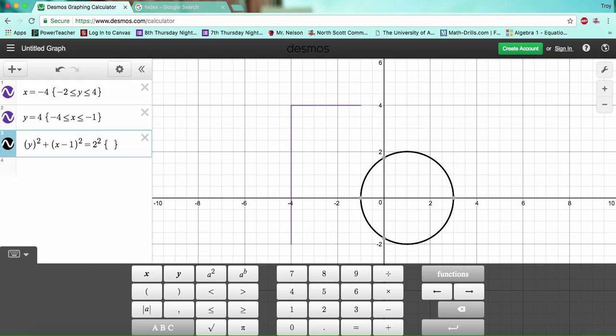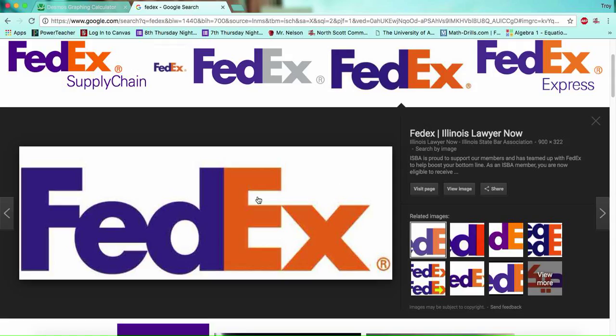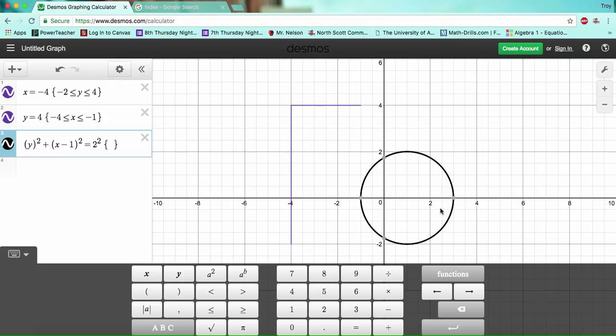And make it so that if I look back at my image, I don't want all the circle to be filled in. I need to get rid of this little piece right here. So probably from 0 to -1 for y, negative 1, y.